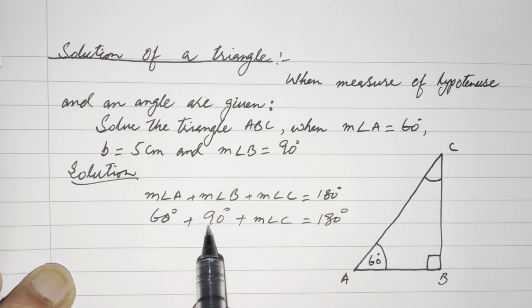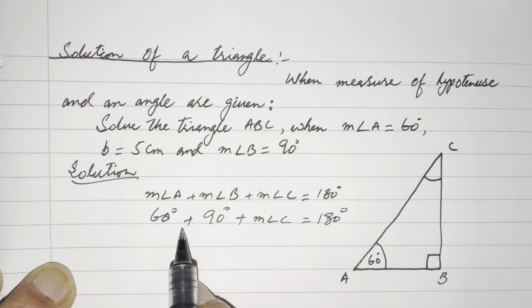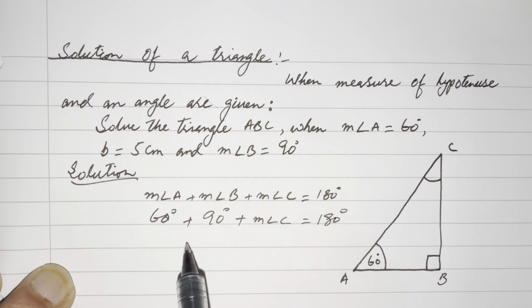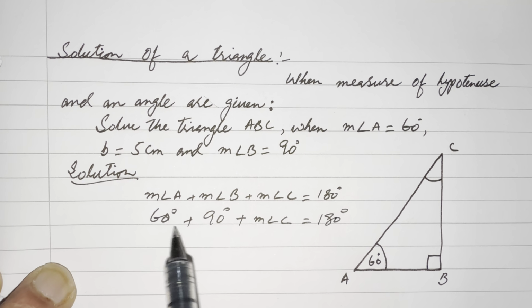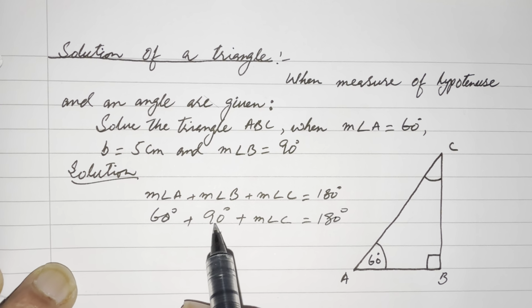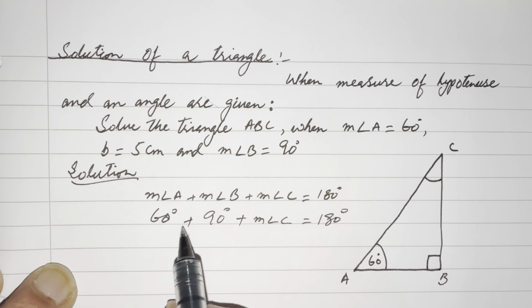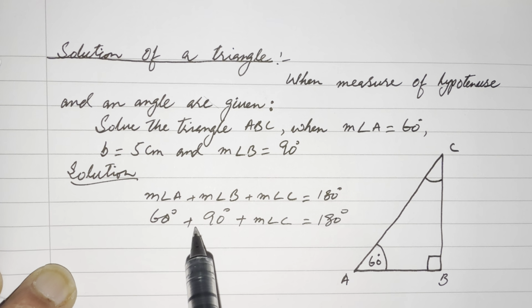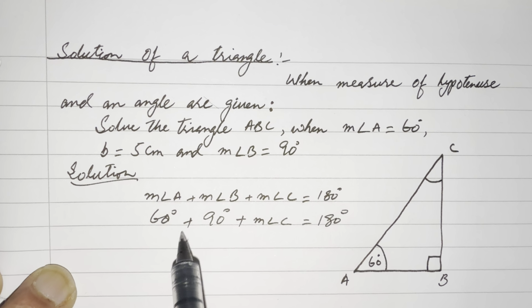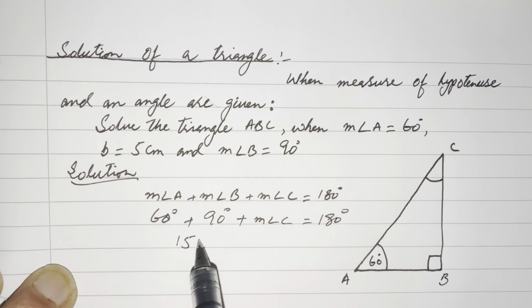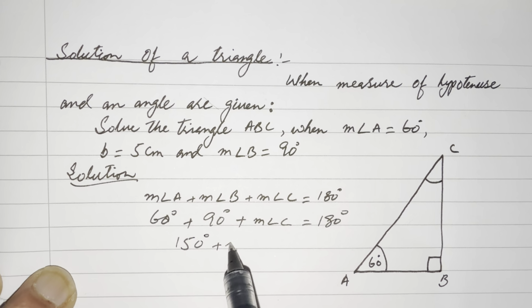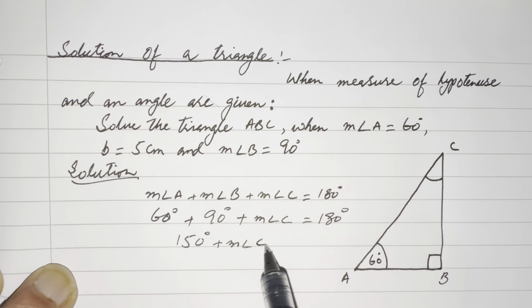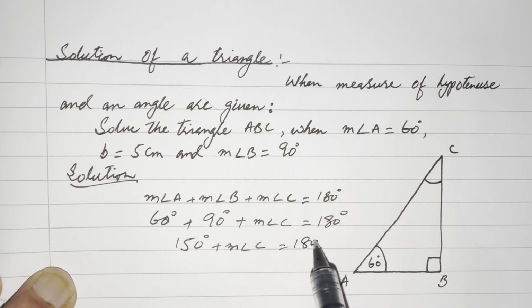So now add these two angles and switch from the left hand side to the right hand side. The sum of these two numbers will be equal to 150 degrees, plus measure of angle C is equal to 180 degrees.